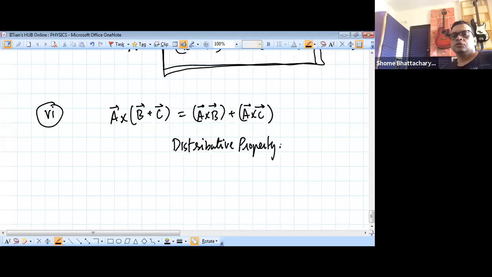It is like a normal algebraic operation: A's cross product with the sum of two vectors, B and C, can be written as A's cross product with B plus A's cross product with C. Just make a note of this.